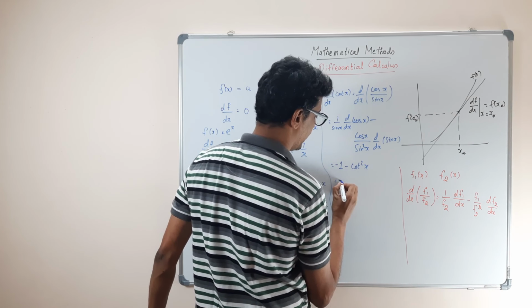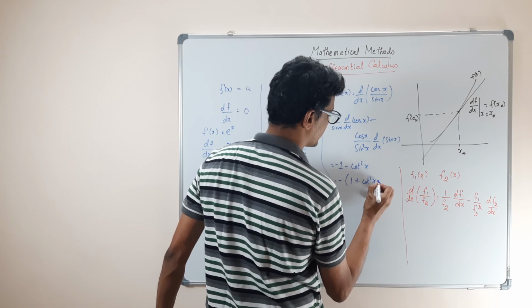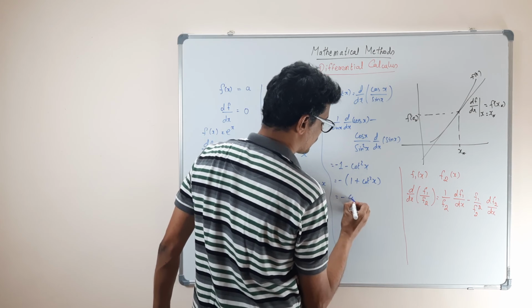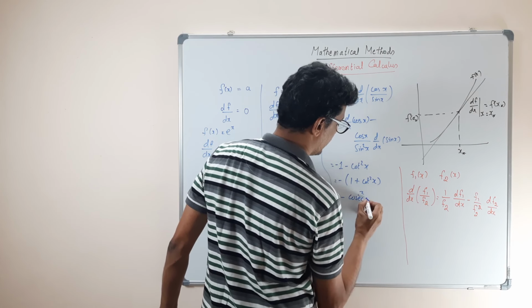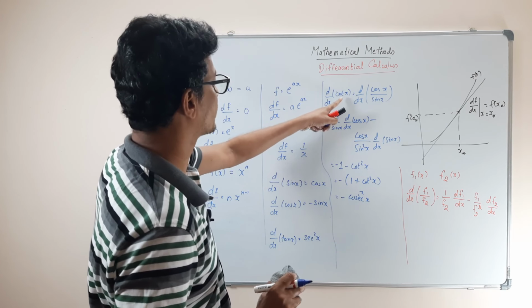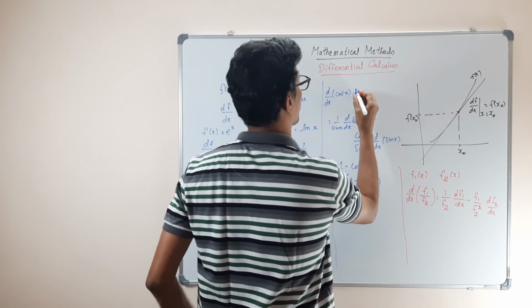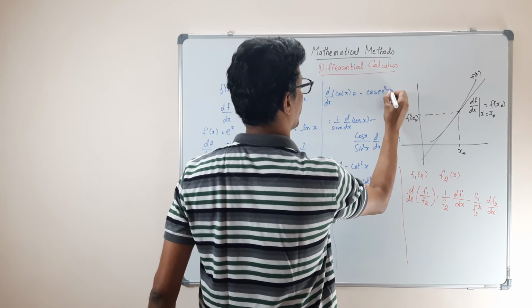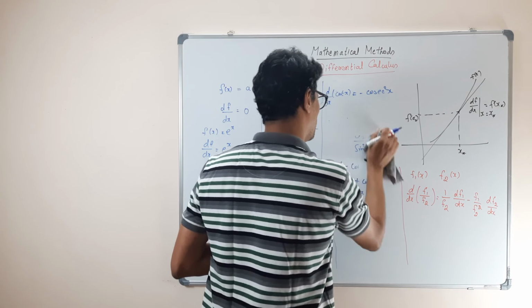Or I can take minus outside, 1 plus cot square x, which is cosec square x. So d by dx of cot x is equal to minus cosec square x.